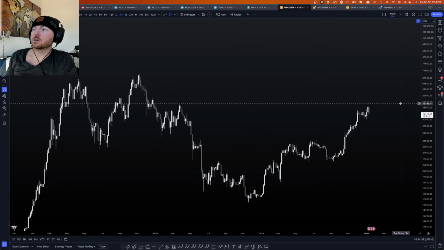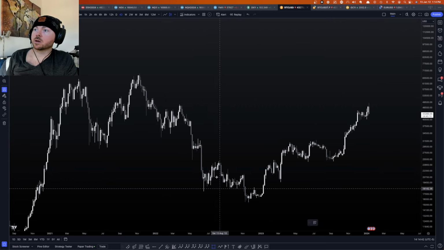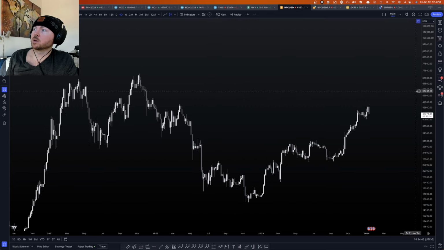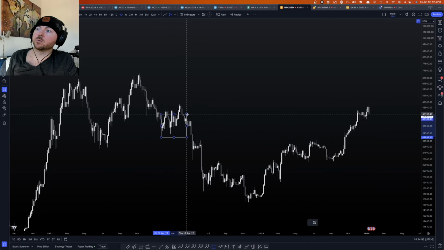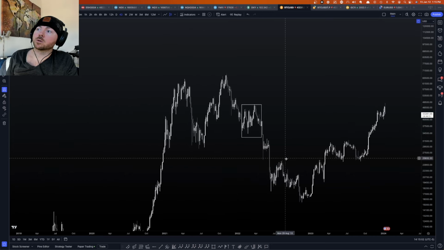The other thing I want to pay attention to here is the first big consolidation area before the next move down, which for me on the leg down would be coming up here. It would be this consolidation range.